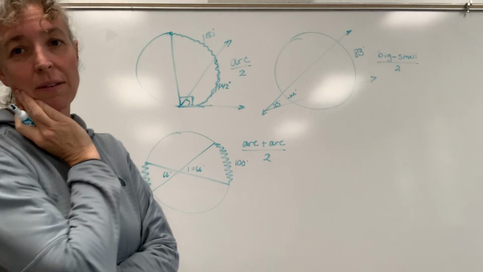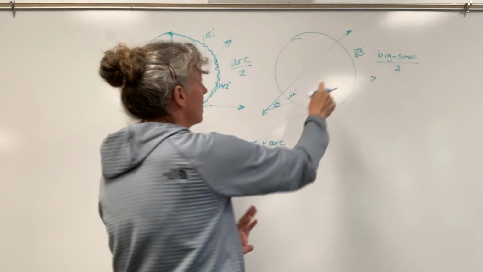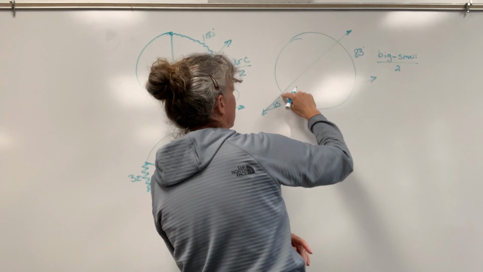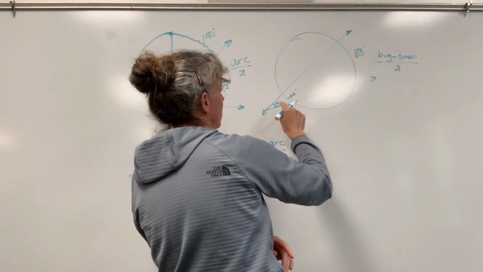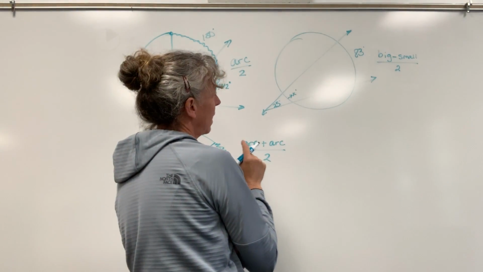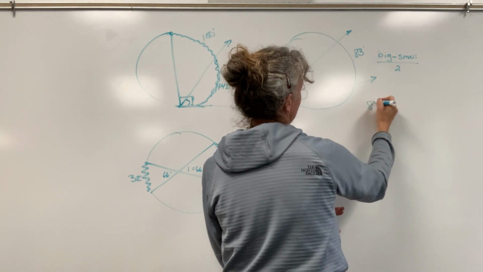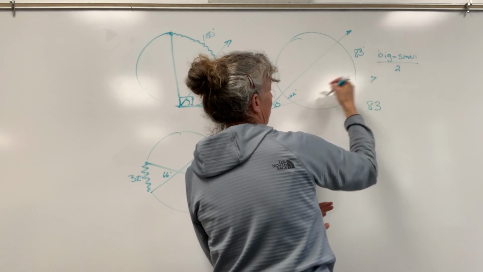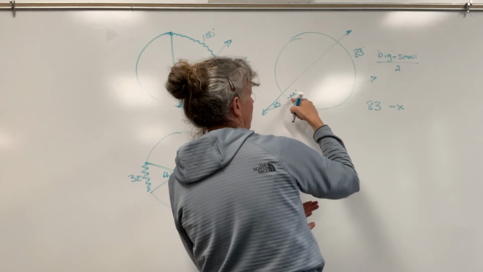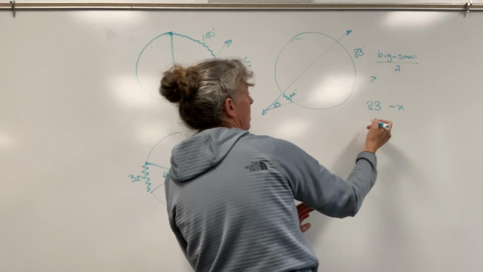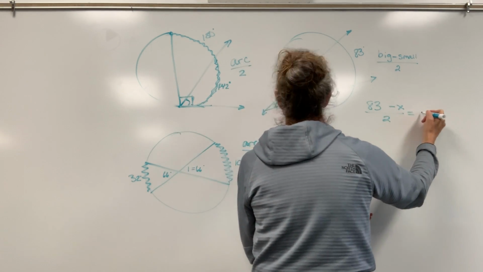This one we have to work a little bit backwards. The rule is the big arc minus the small arc, divided by 2, equals the angle. The big arc is 83, minus the little arc X, which we don't know, divided by 2 equals 25.